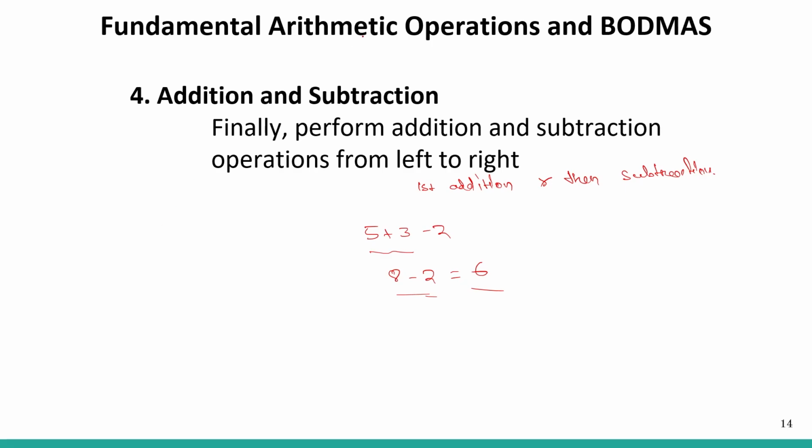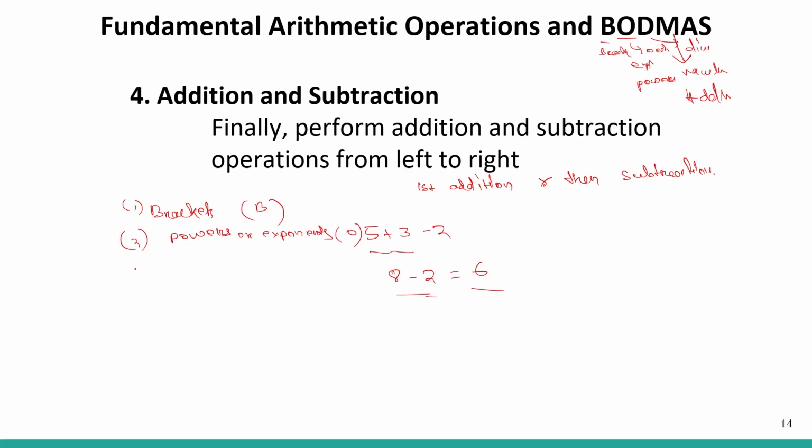So we are done with B for brackets, O for order, exponents or powers, D for division, M for multiplication, A for addition, and S for subtraction. So first search for brackets, then search for powers or exponents.